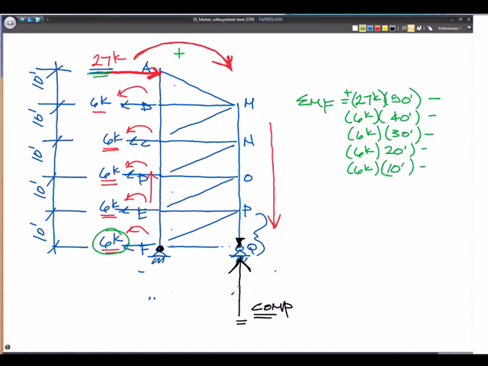We could include 6 kips at 0 feet, so we might as well. Minus 6 kips at 0 feet. Okay, those are all the loads.